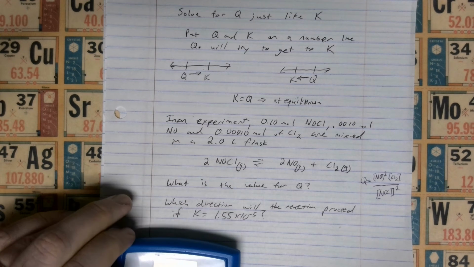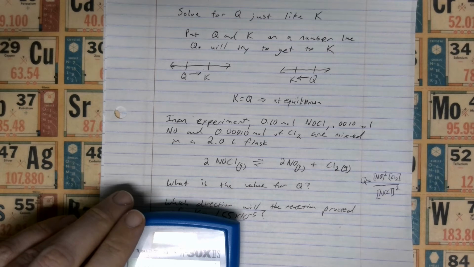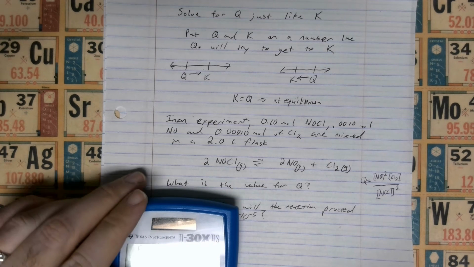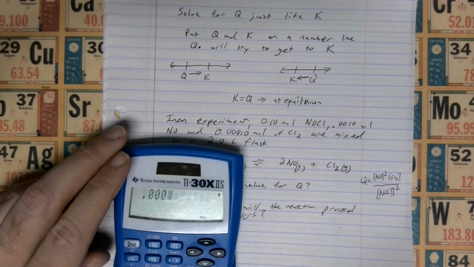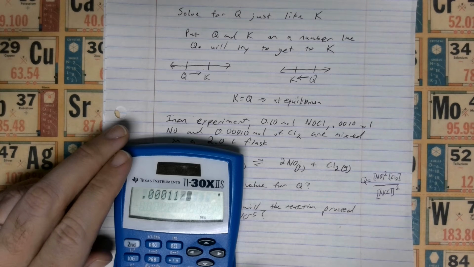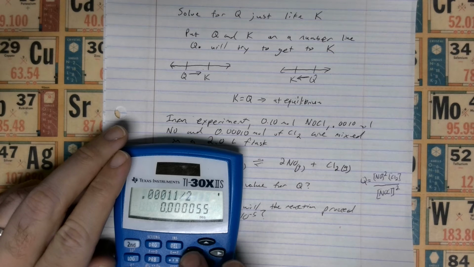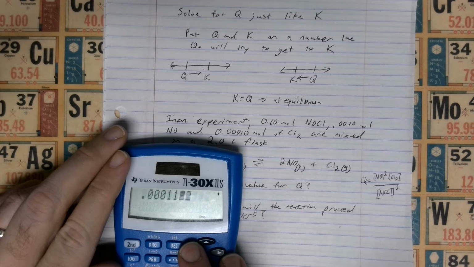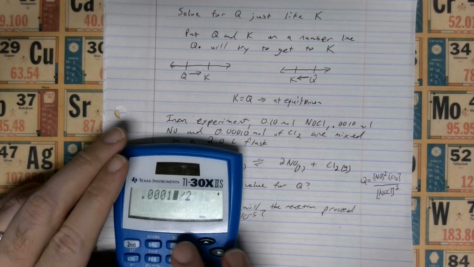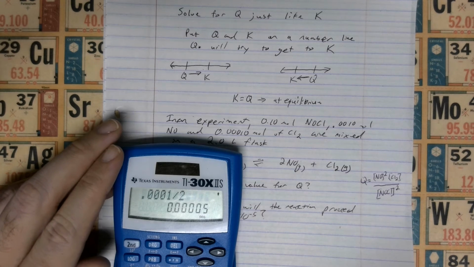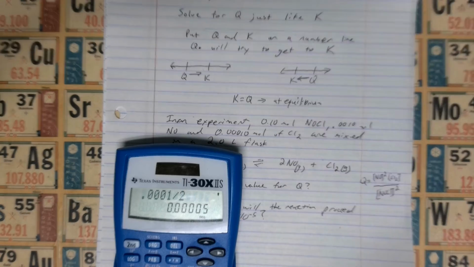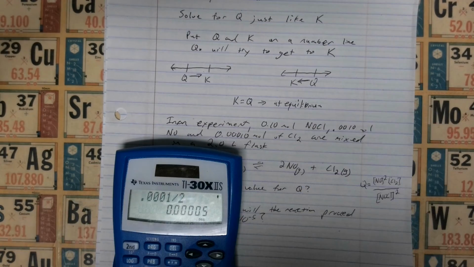So for the Cl2, we have 0.0001 divided by 2. So we get 0.00005.